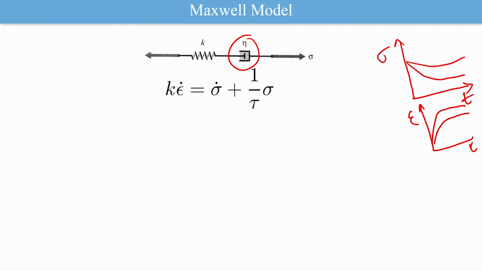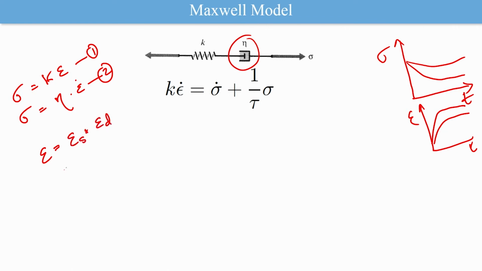Now, from the previous expressions that we wrote already, sigma is equal to k epsilon 1, and sigma is equal to eta into epsilon dot, that is 2. Since we also discussed that epsilon is equal to epsilon s plus epsilon d, we can say the strain rate of the total system can be represented as the sum of the two rates.